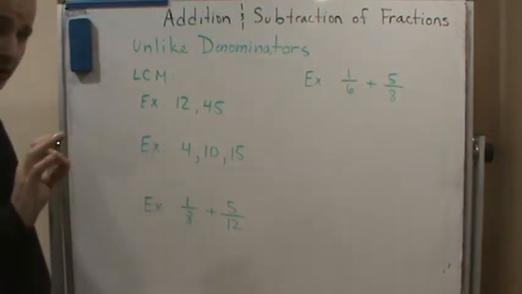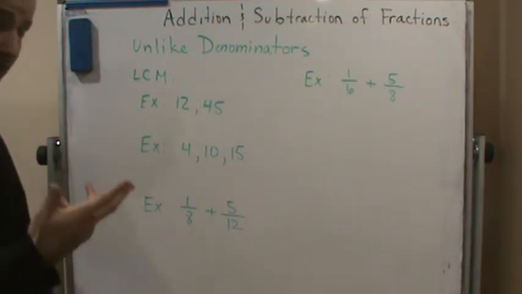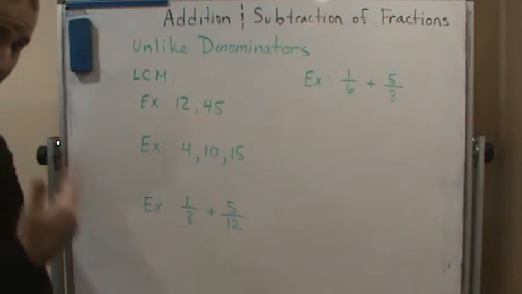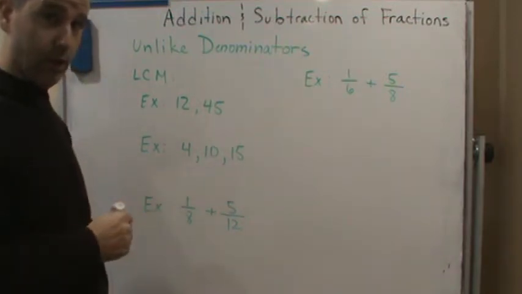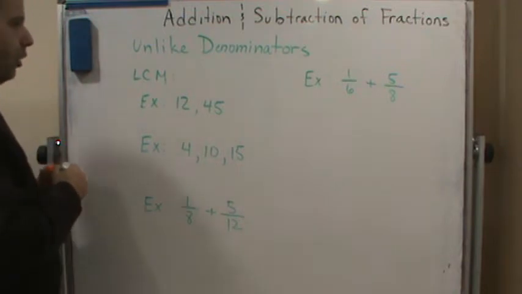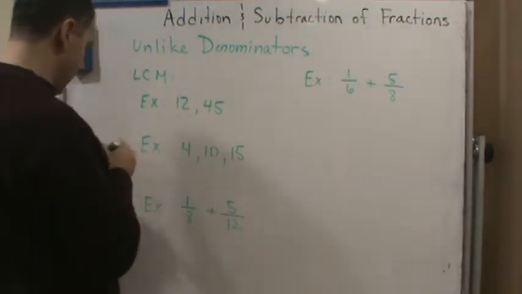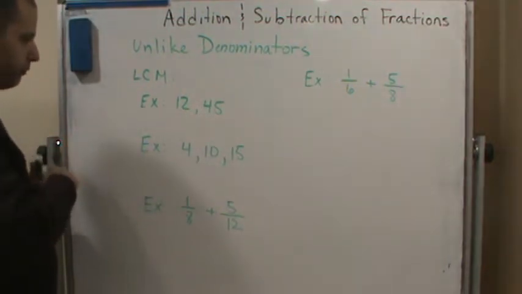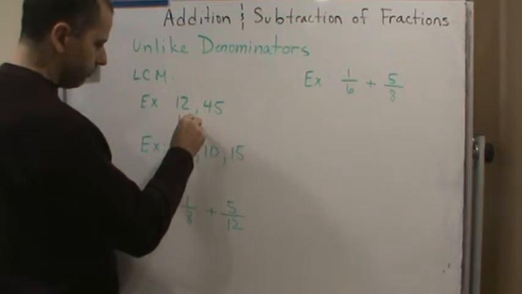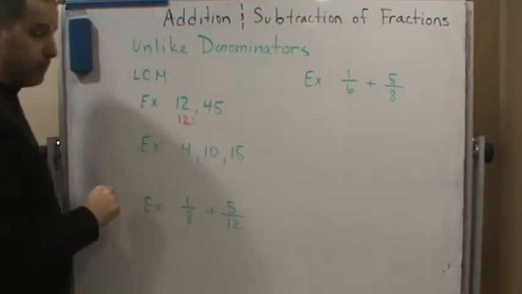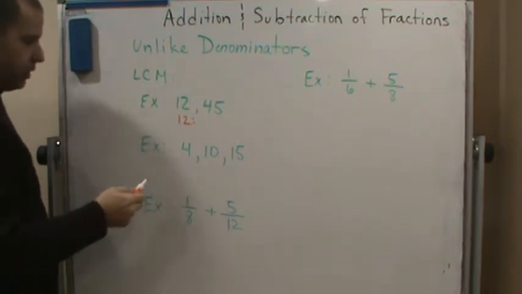But there is an algorithm, a method of finding the least common multiple every single time. It has to do with the prime factorization of each number. For 12 and 45, the first thing I'm going to do is write out the prime factorization of 12.